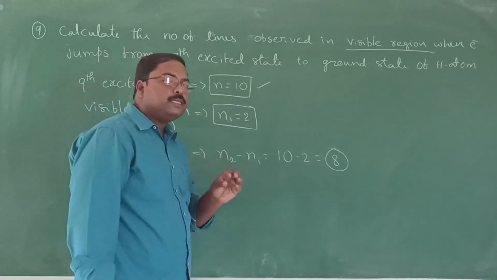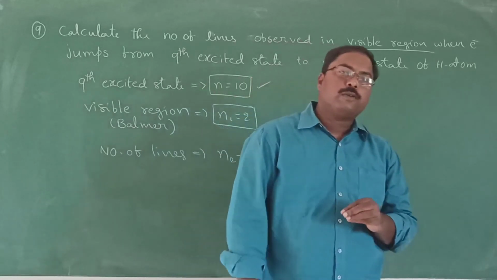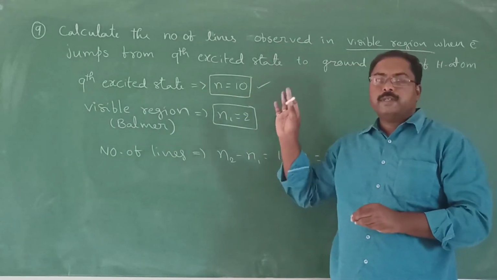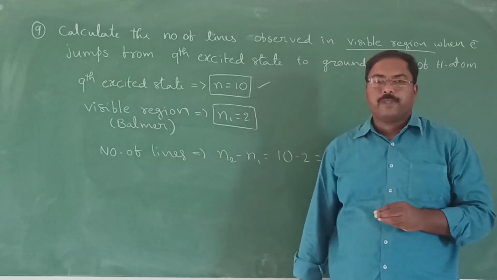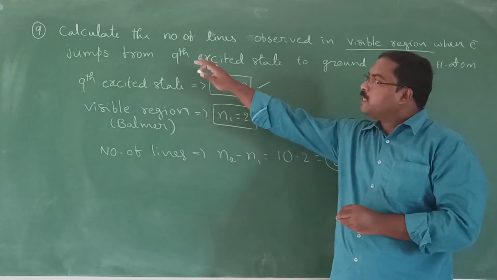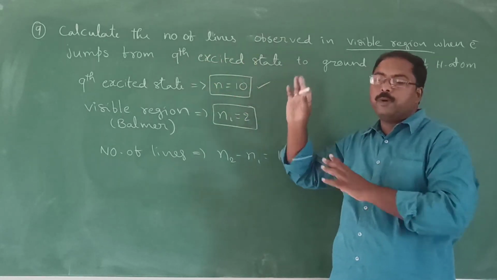So these are the maximum different model questions based on calculation of number of spectral lines. 99% you will get questions based on spectral lines. These are the maximum models.